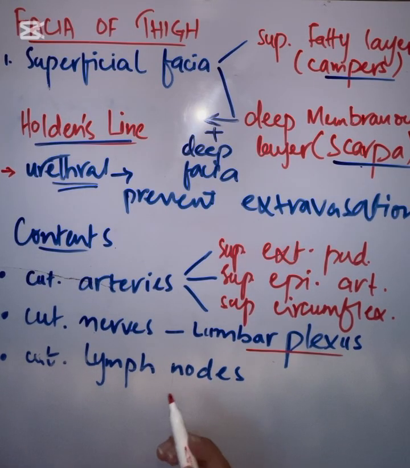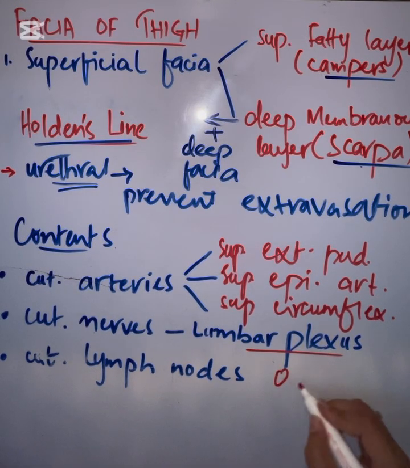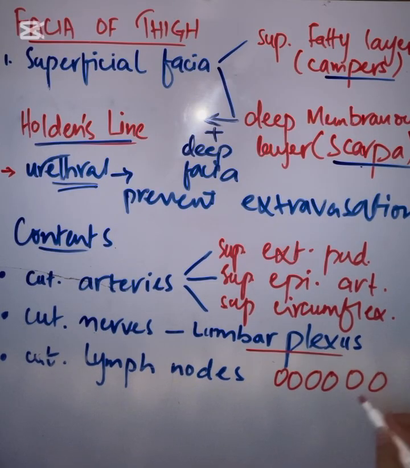The cutaneous lymph nodes are in the form of a T, like this. Now, this vertical area of the T drains most of the lower limb.